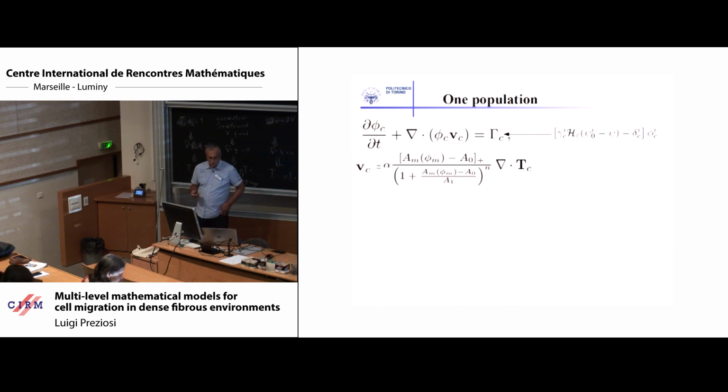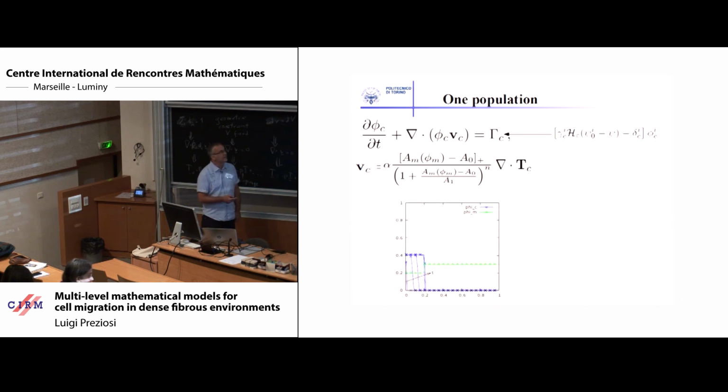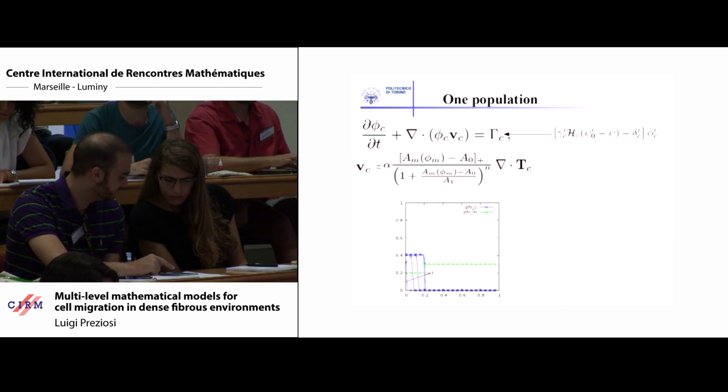Okay, so let's look at the simplest model, just one population of tumor cells in the environment that are crawling. The blue stuff that you see here is an ensemble of cells growing in an environment in which you have a jump in the density of the extracellular matrix.